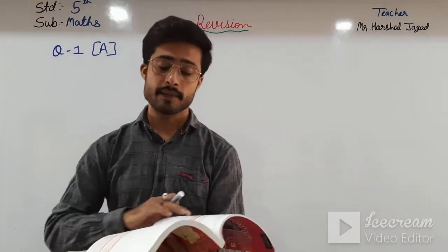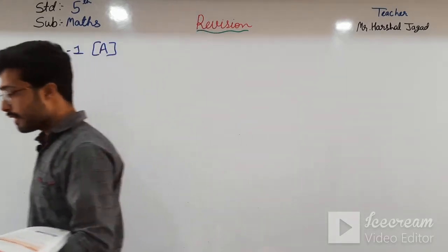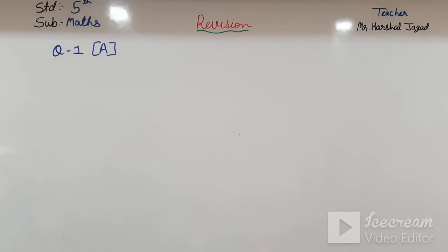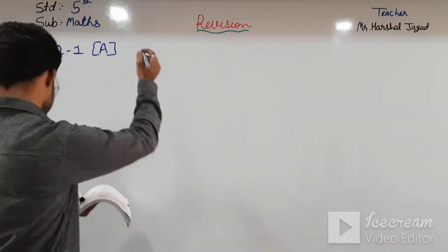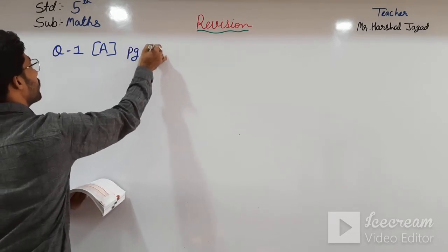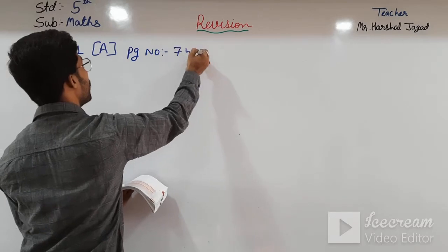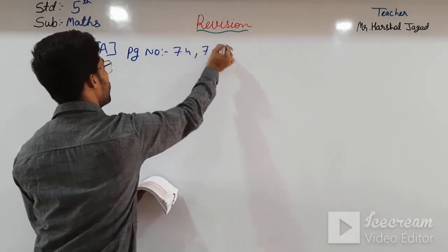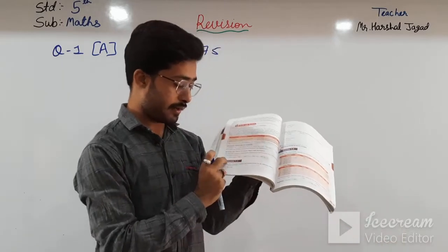You can see that this type of question will be asked. Okay students, which questions can be asked? That type of questions can be asked. See here, I am just writing the page number over here, page number 74, 75. Here there is an exercise.